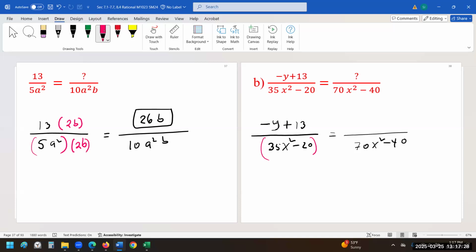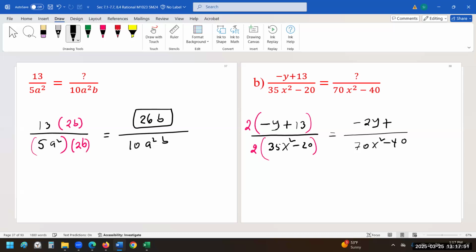So how can you change this denominator into the right denominator? Times 2. But if you do it on the bottom, you must do it also on the top. That means what do we have at the end on the top?